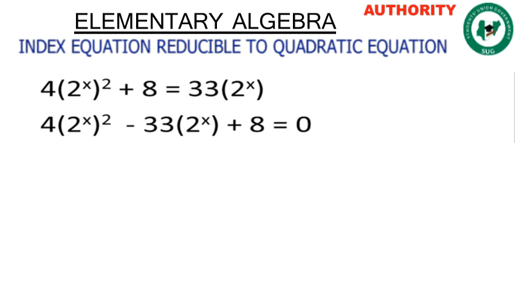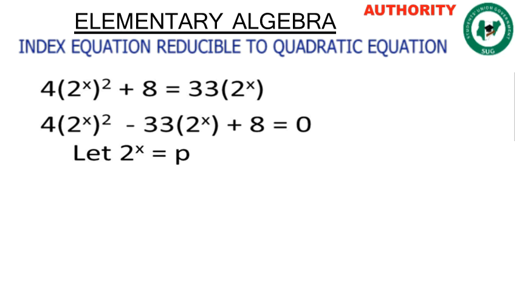Okay? From here, let's say let 2 raised to power x be any letter, so that it will be very simple for us to solve. Okay, let's just use p. Say let 2 raised to power x equal to p. Alright, now that means anywhere we see 2 raised to power x, we're going to replace it with p.